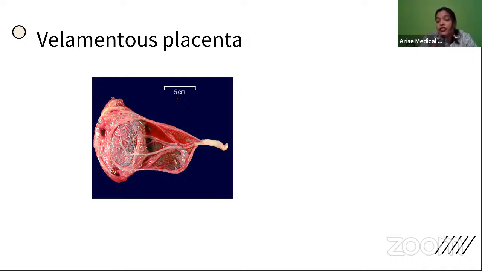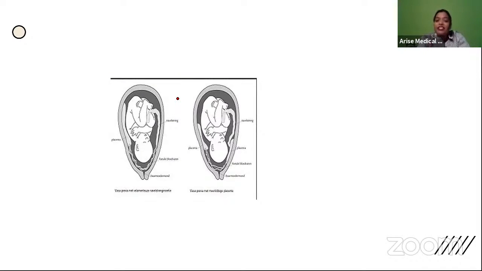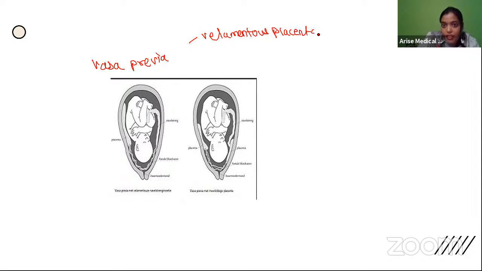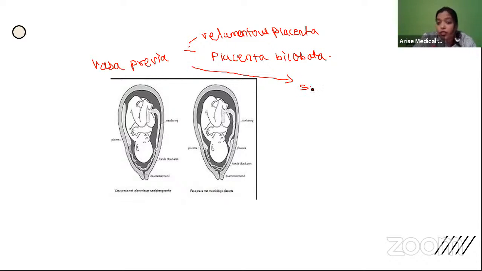But this placentation can lead to fetal hemorrhage, and it is also associated with something called vasa previa. So what is vasa previa? Vasa previa is seen with velamentous placenta, with placenta bilobata, and with succenturiate lobe.